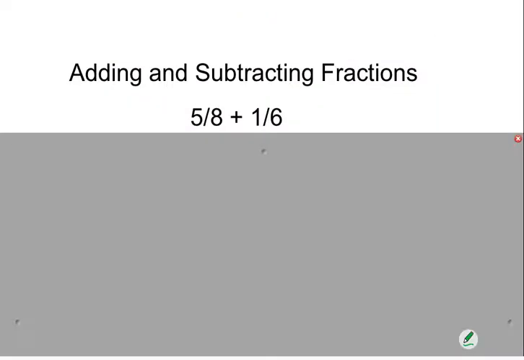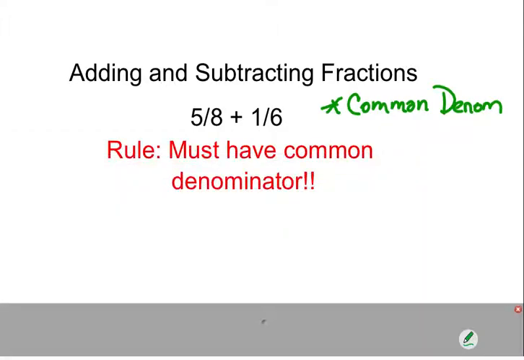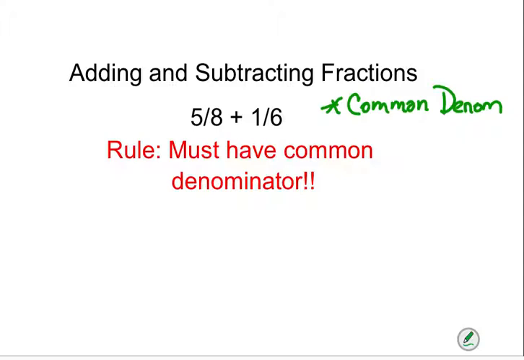Okay. Adding and subtracting fractions. What do you know about them? What do you have to be able to add and subtract them? You have to have what, Jordan? Yes, it's required: a common denominator. Must have it. Can't do it any other way.